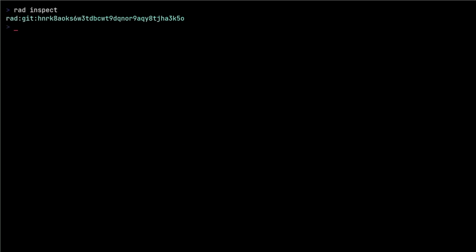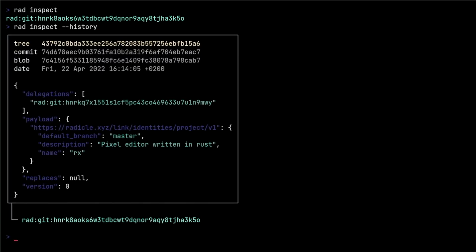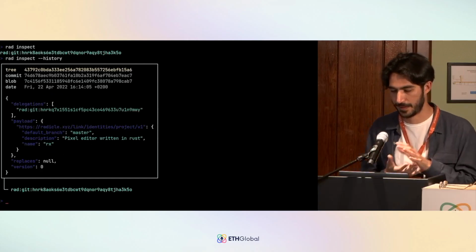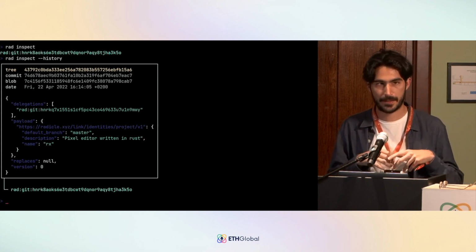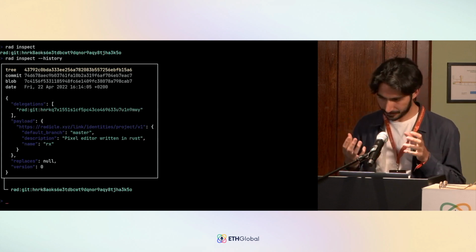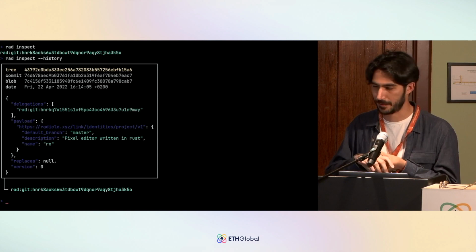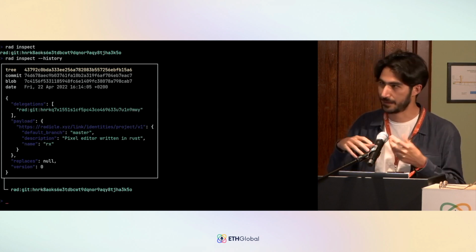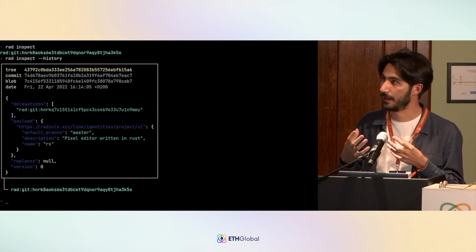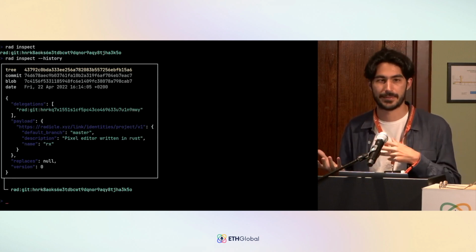since this is kind of just an alias, we can also say, hey, let's look at the history of this project. What this is going to output is not the source code history, but the history of this identity. And identities are super important in Radicle because that's what lets you have projects hosted in multiple different places, but in an unforgeable way, right?